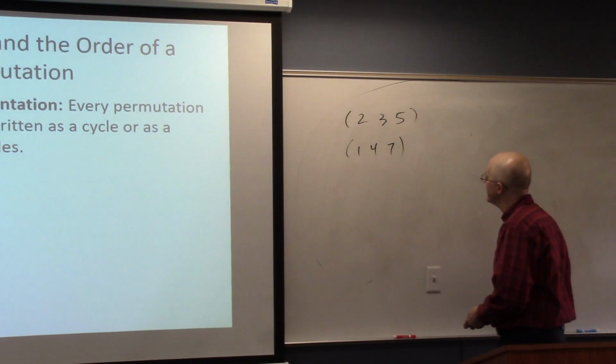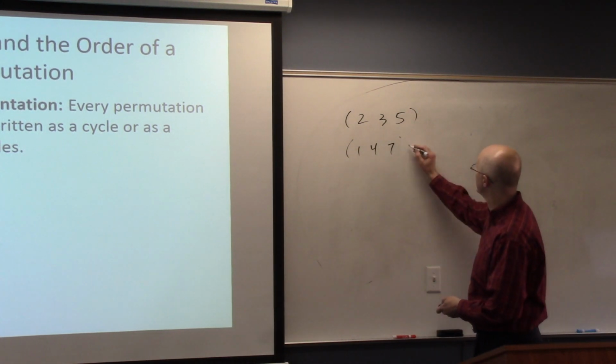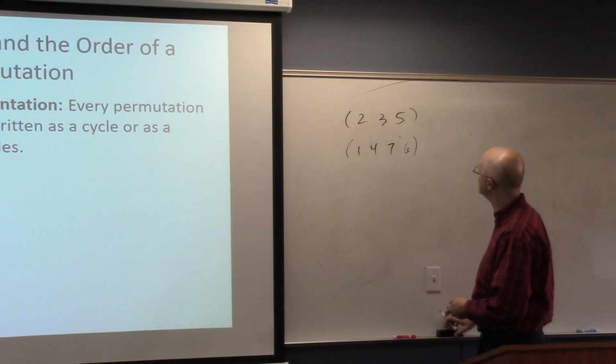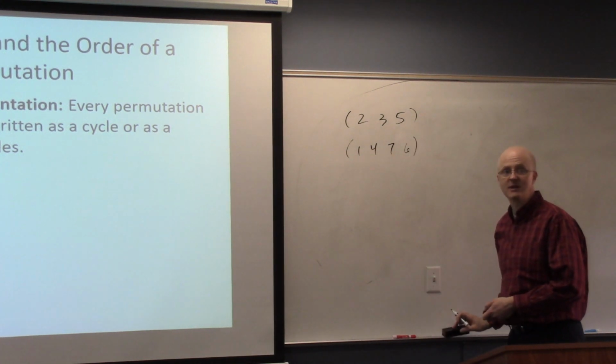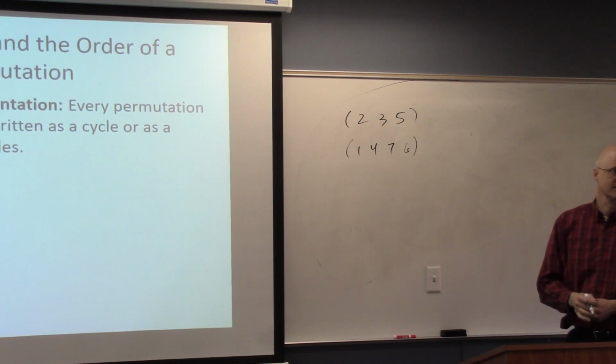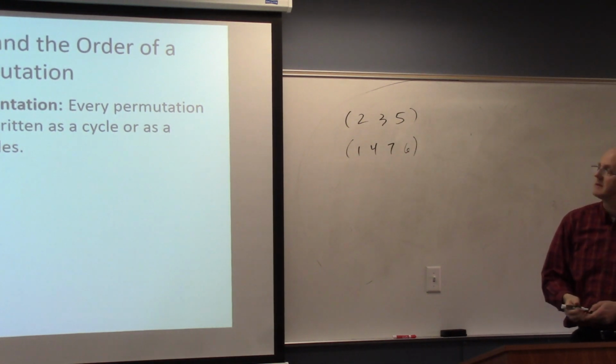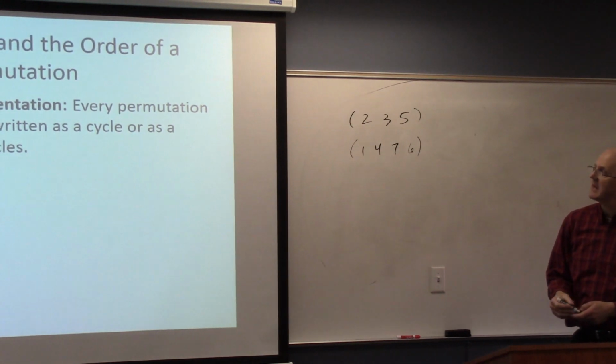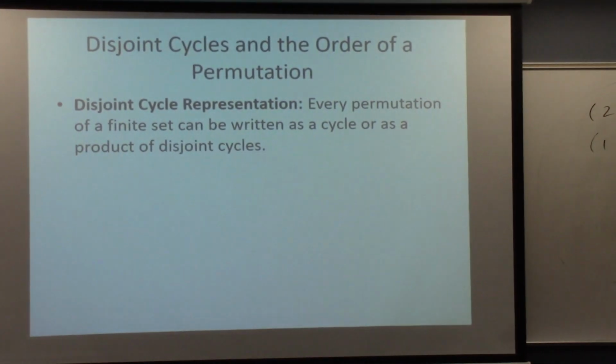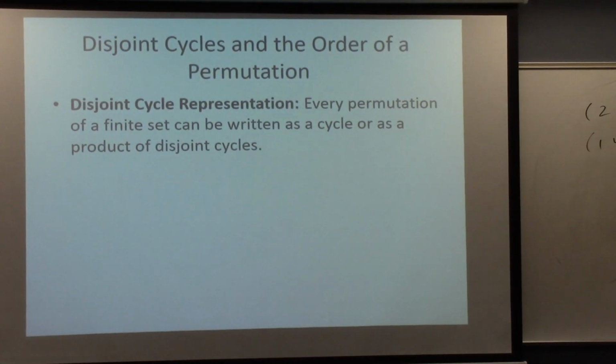I may add one more here. These are 3 cycles. I could add another one. We could be talking about a permutation on, say, 7 objects. Those are disjoint cycles. A 3 cycle and a 4 cycle, no entries in common. In general, every permutation can be written either in one of these forms or as a composition, a product of disjoint cycles.